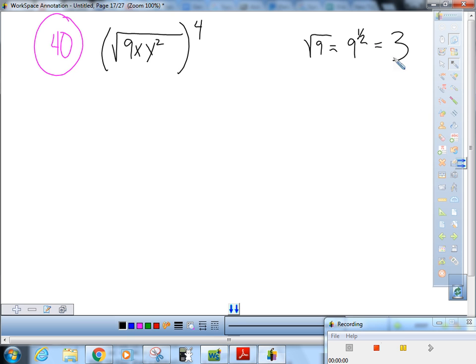So I think it's best for you to just consider this as 9xy squared to the 1/2 to the fourth. Okay? Because maybe you remember that when you take an exponent to an exponent, what do you do with these two numbers?